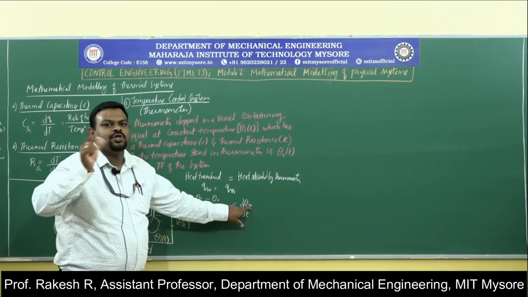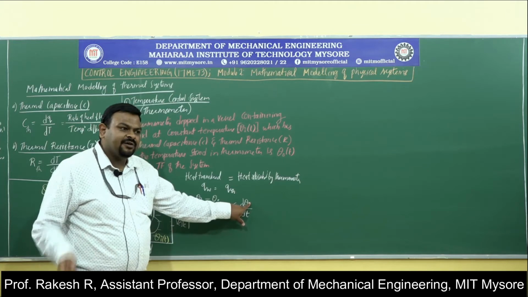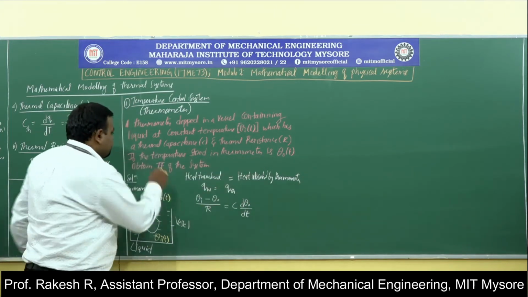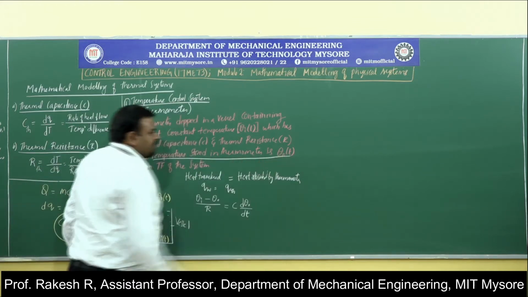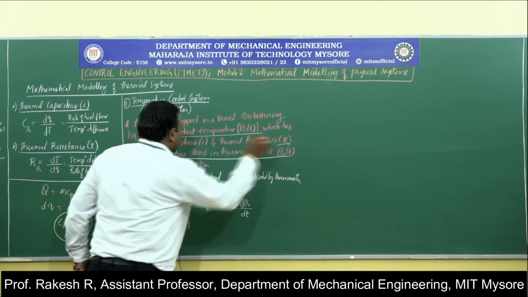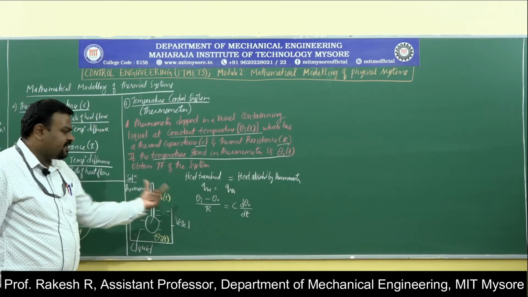Again, these depend upon the time. After some time it will show the temperature and that will be constant. Theta naught is the temperature stored in the thermometer. This is very important. And the temperature in the water is theta I. And R and C are resistance and capacitance. That's all, finished.